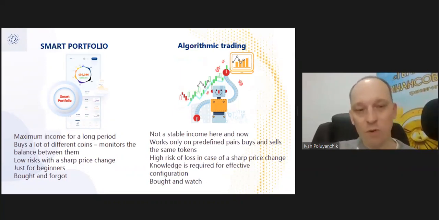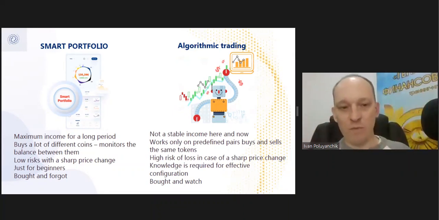That's it. You purchase the smart portfolio, you top up your exchange account, you activate the process, you launch it, and then every once in a while you check whether the API keys are working, whether they're still relevant, if they're not outdated. So once every month, you go and check if everything is working.